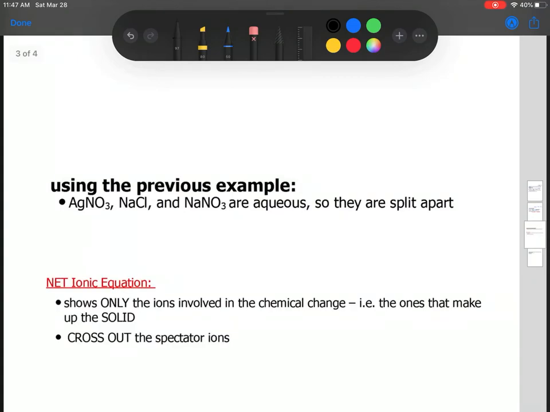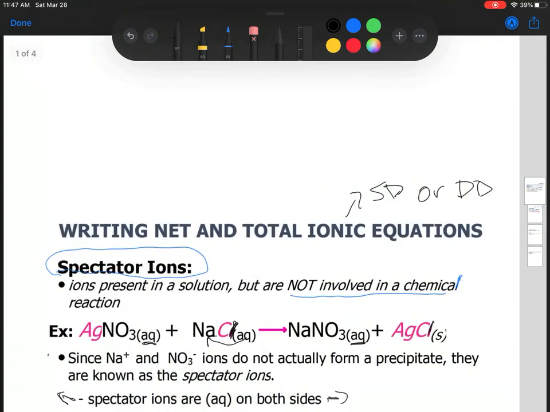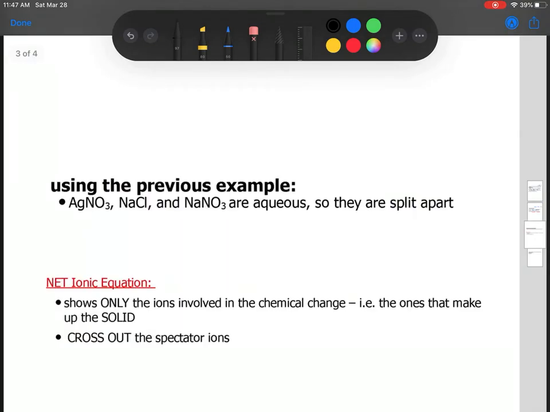Okay, so let's take a look at it with the example. So we did, in the first one here, we have silver nitrate, which is aqueous, sodium chloride, which is aqueous, sodium nitrate, which is aqueous. However, the silver chloride is a solid. So when you write the total ionic equation, we're going to split apart the aqueous substances.